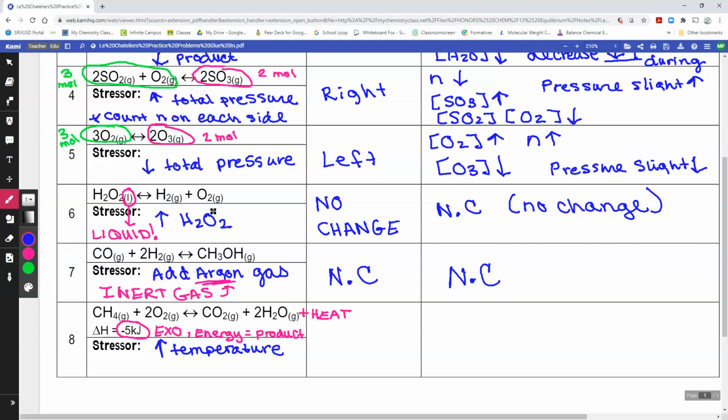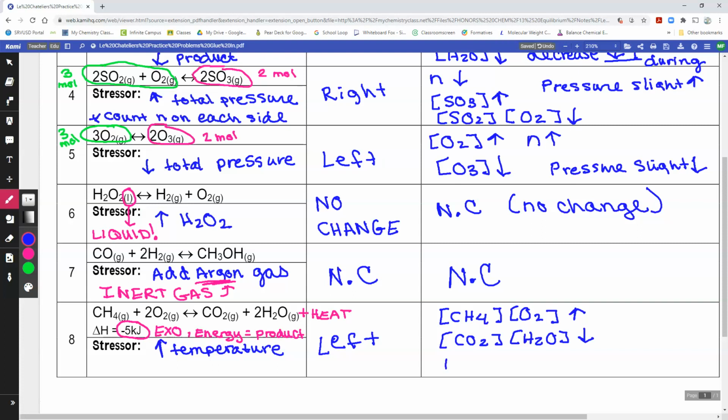The backwards reaction is going to happen more. If I'm going to the left, my concentration of CH4 and of O2 are going to increase. My concentration of CO2 and H2O are going to decrease.